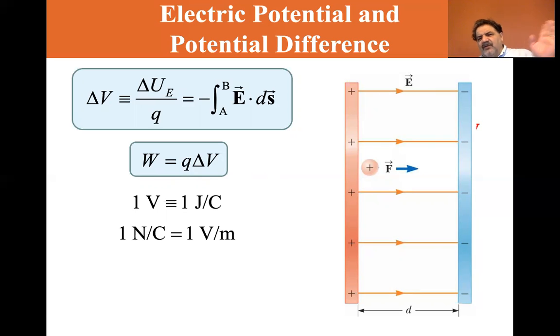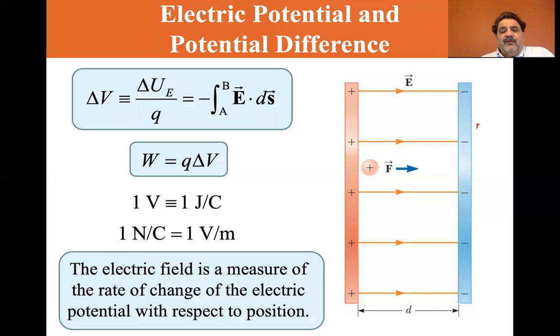If you have an electric field that's real strong, it's going to be X number of volts right next to the plate, and as you move away in meters or centimeters or millimeters, it's going to decrease. So the electric field is a measure of the rate of change of the electric potential with respect to position.